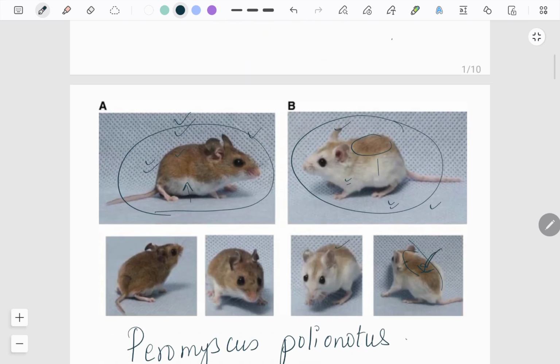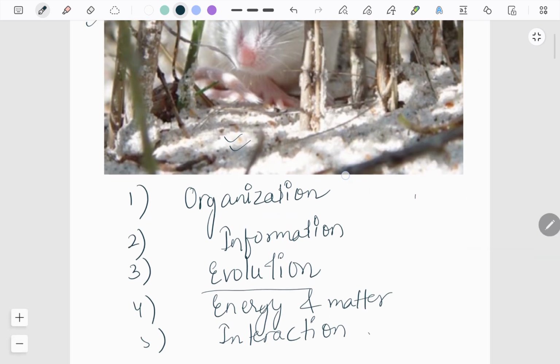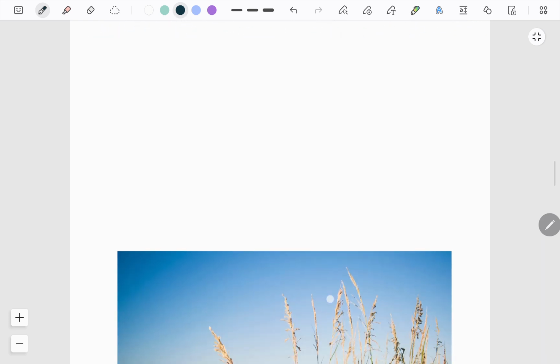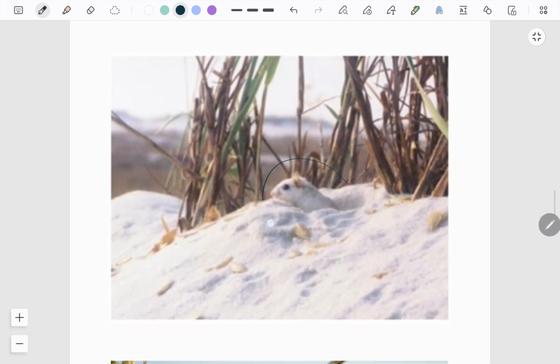The purpose is simply to protect itself from predators. The inland mouse, suppose in the mud, on the ground, the color will be dark, so it will hide in its background. And beach mouse, you can see how beautifully it hides in its background. See here.